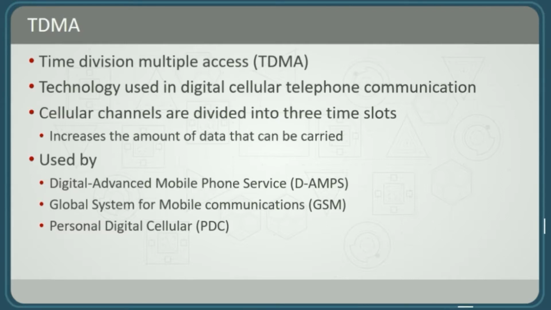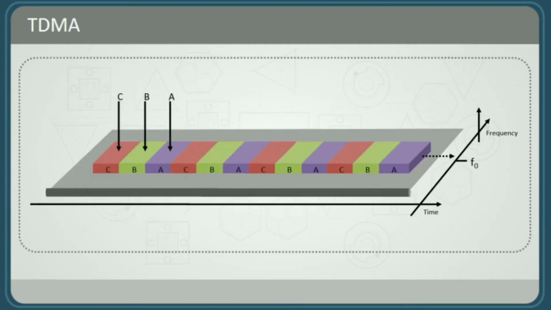Those are just different types, and DAMPS and PDC, in essence, make up the remaining percentage of communications. But the idea behind TDMA is that each channel, and there are a tremendous number of channels available, is divided by time, and then each user or each device synchronizes to that time.